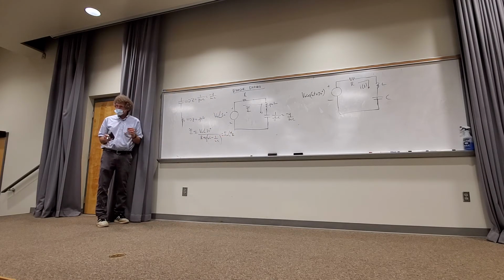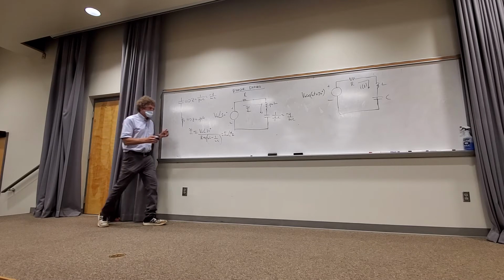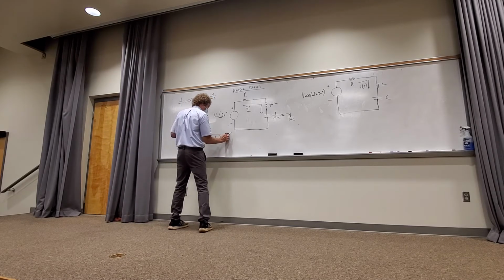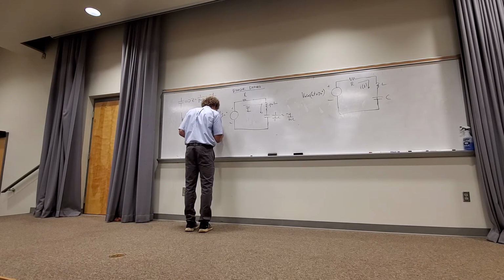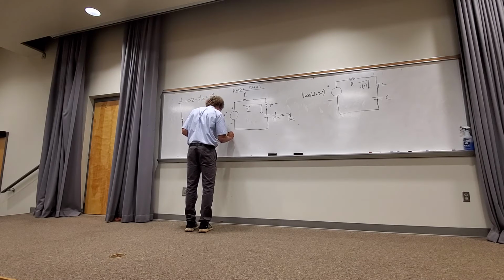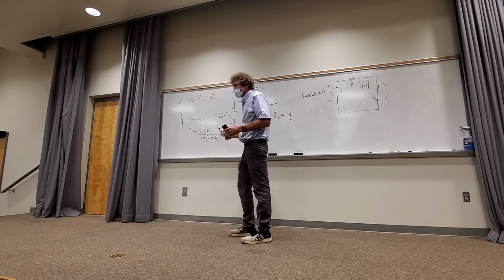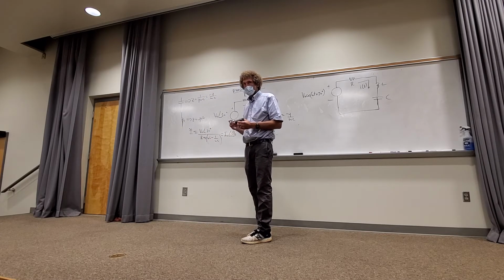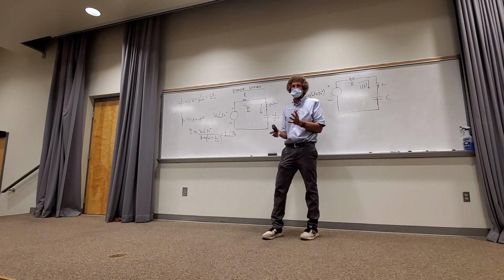Everybody follow me on complex numbers? You can either have real and imaginary parts or magnitude and angle. You want me to write it bigger? I'll be happy to. This is going to be some I naught at some angle theta sub I. It's the angle associated with this ratio. Got it? This is in the phasor domain.